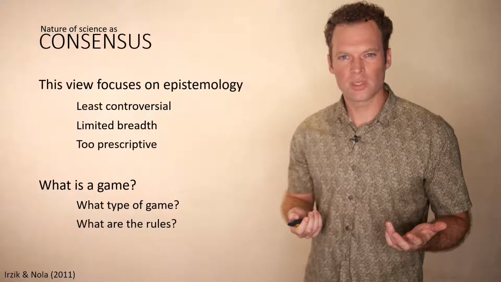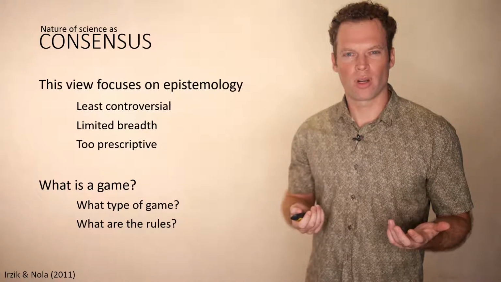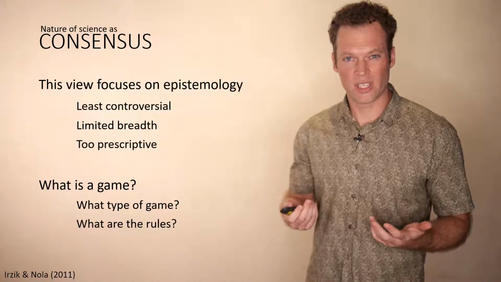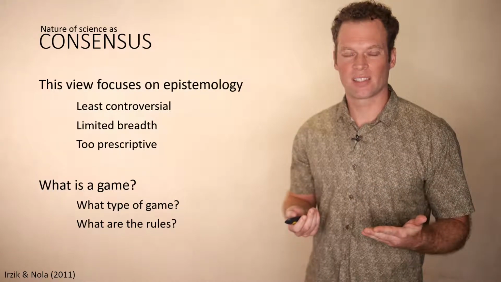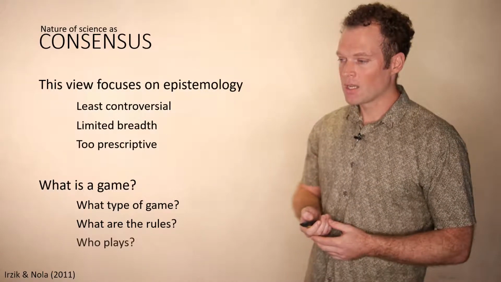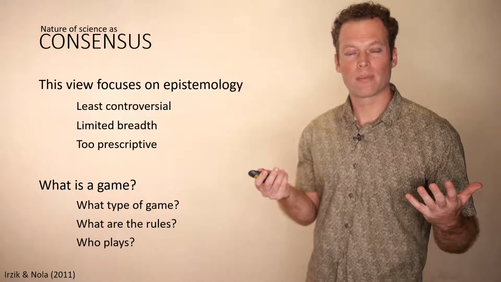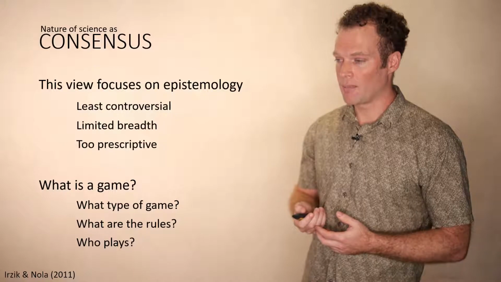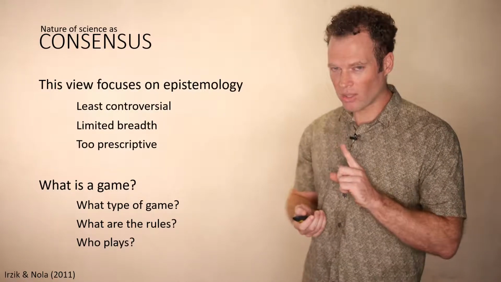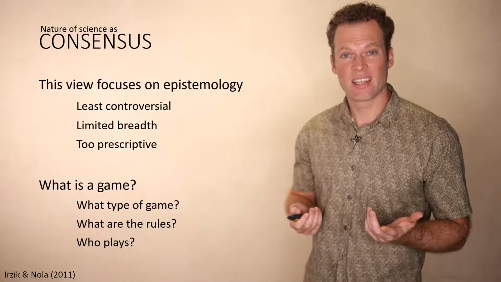What are the rules? Games typically have some sort of set of rules or procedures to follow that establish its nature as a game. Who plays? Some games are individual, some games are in small groups, some games involve many, many people. But what all games have in common is that they are indeed games.